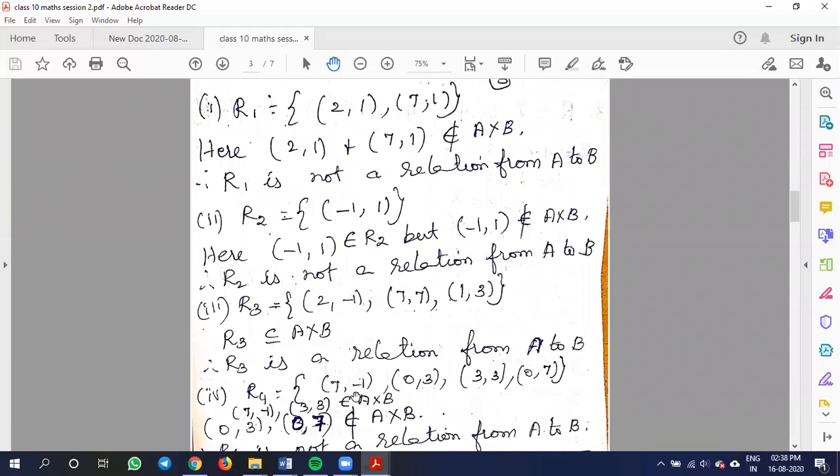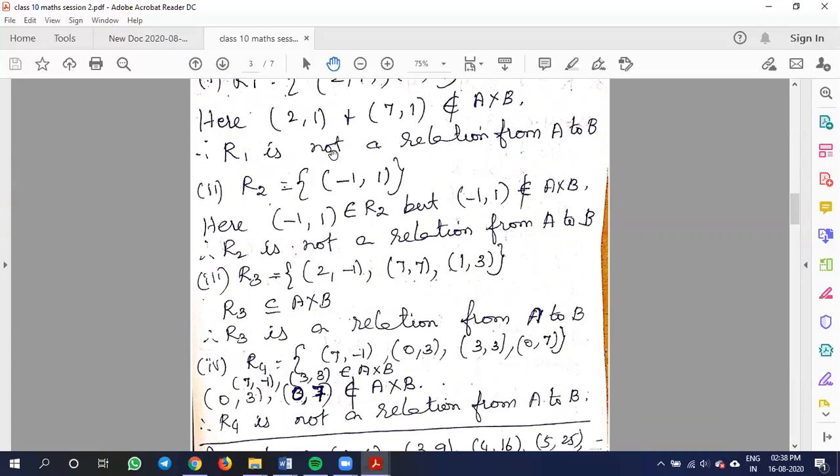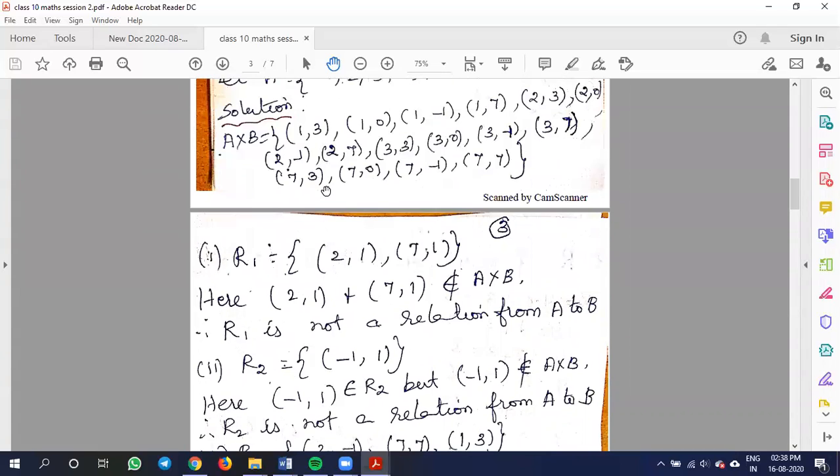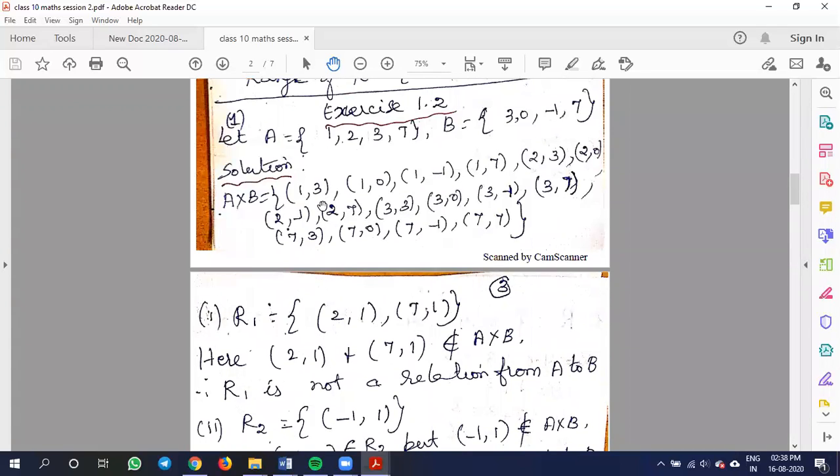Now, the last sum, the elements are given. Here you see 7, -1. We have to check whether these elements are present in A cross B. 7, -1 is there. Next is 0, 3. Do you have 0, 3?